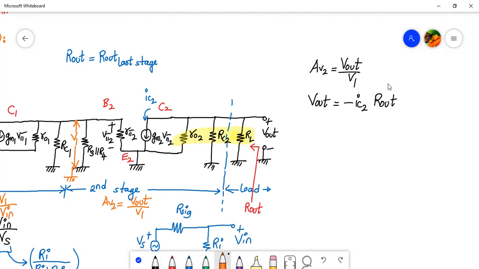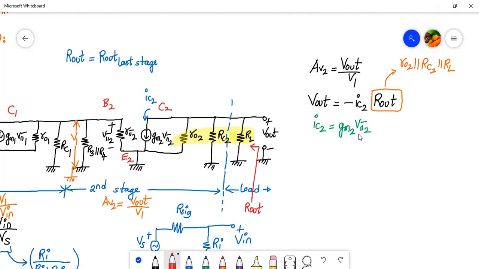And what is IC2? IC2 is nothing but gm2 into V pi 2.